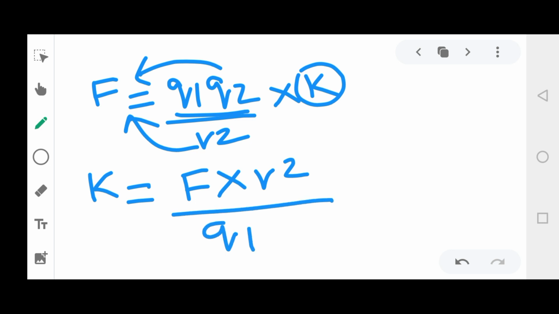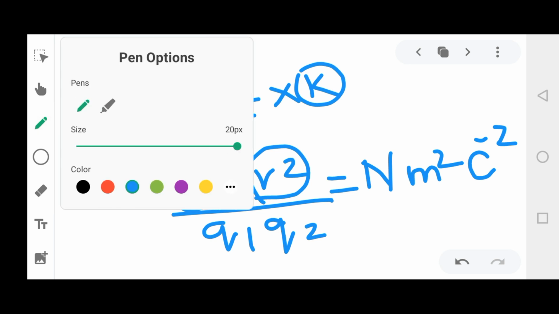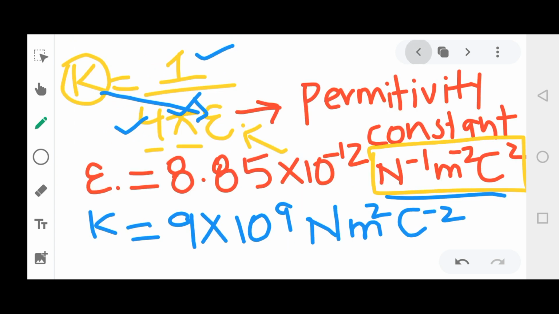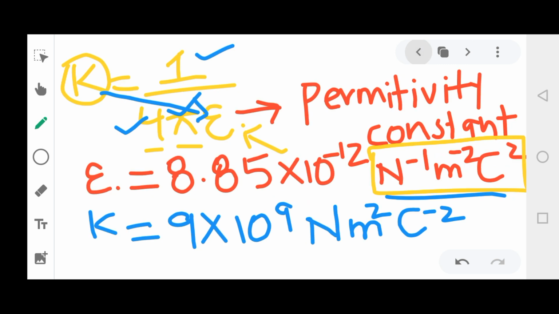By putting the values, the unit of force is Newton, R square is meter square, and Q1 into Q2 are charges, so Coulomb into Coulomb is Coulomb square, which in the denominator becomes Coulomb minus 2. If we see the previous slide, we will see that it is the same unit. In this way we can calculate the unit of k, and after inverting it we can also get the unit of the permittivity constant.